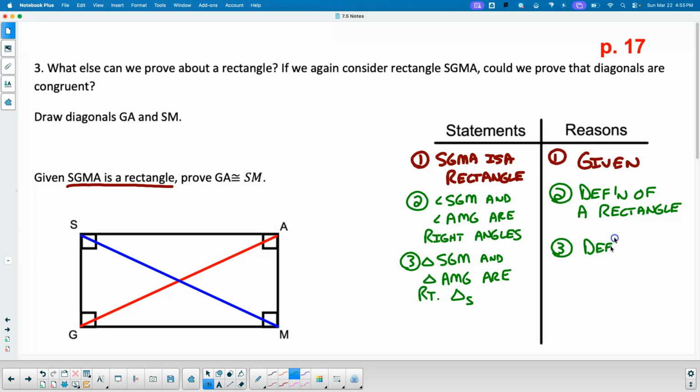That is the definition of a right triangle.